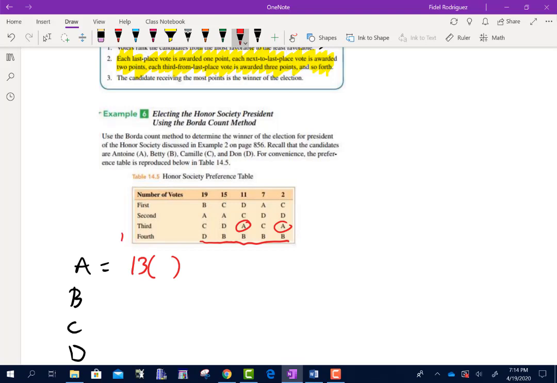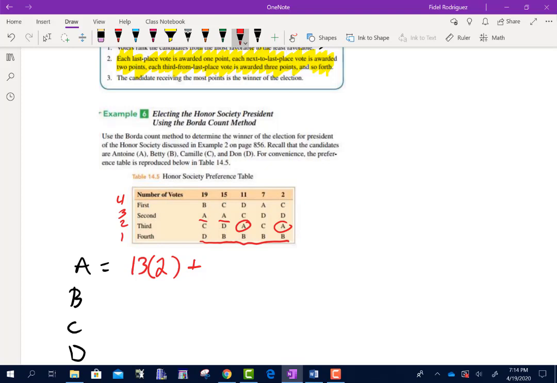Let's put it this way, guys. Fourth place is going to get 1 point. Third place is going to get 2 points. Second place is going to get 3 points. First place is going to get 4 points. So Anton does not have any fourth place votes, but he does have 13 third place votes. Each third place vote is worth 2 points. Second place, Anton has 19 and 15.